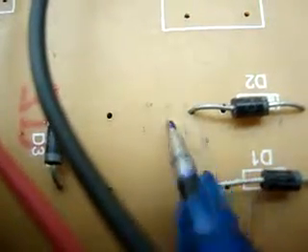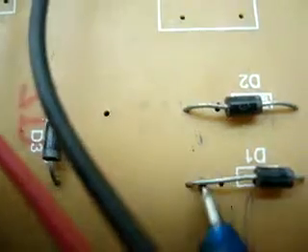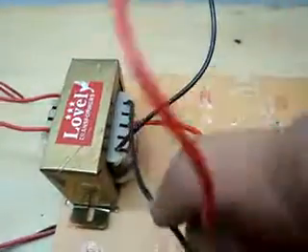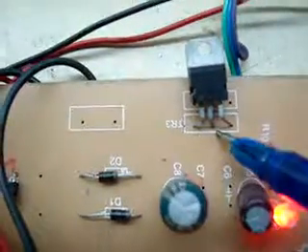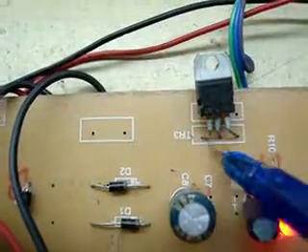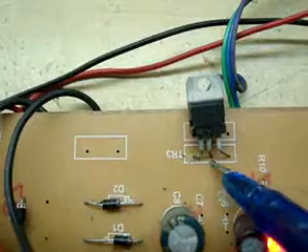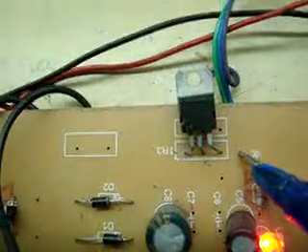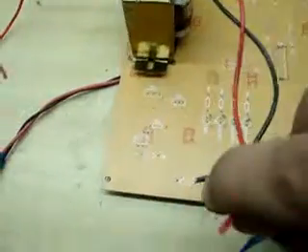One black wire is connected to this side, and the second to this side. And your red wire is connected to the negative terminal of this circuit. It means on the voltage regulator, this is input, the center is ground, and this is your output. That means the red wire is connected to the negative of the voltage regulator.